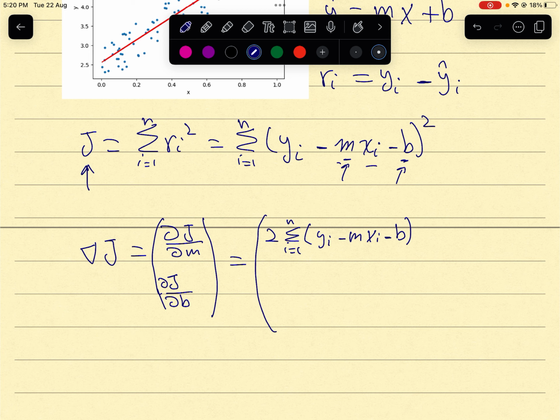And I will derive it with respect to b. I will get minus 2 sum i equals 1 to n of (yi minus m xi minus b). This minus sign came from here because d over dx of minus x is minus 1, okay.